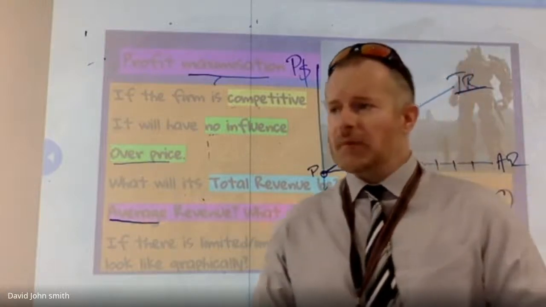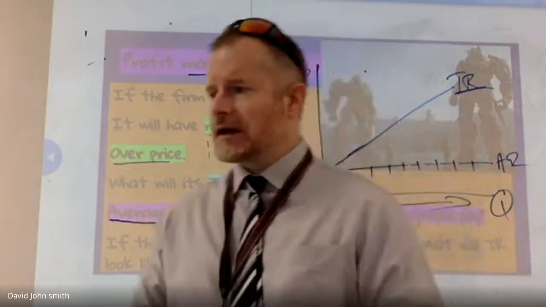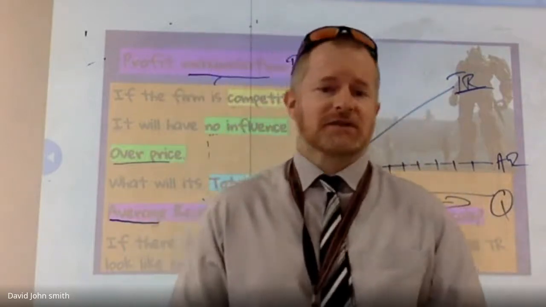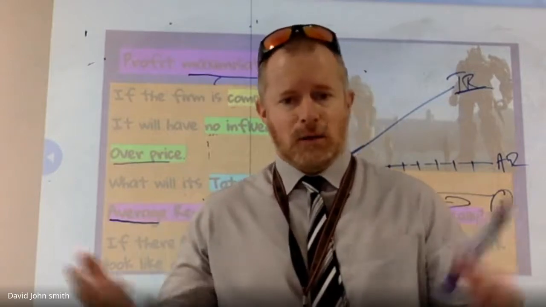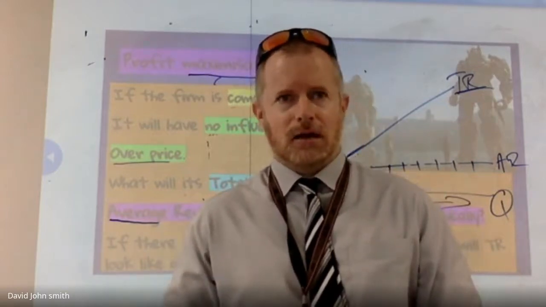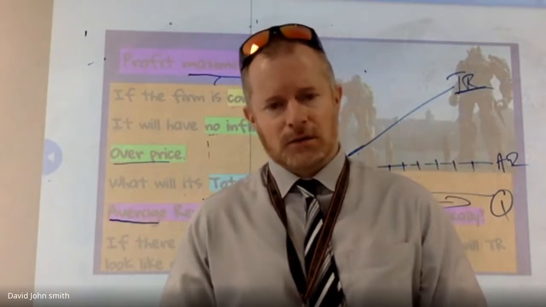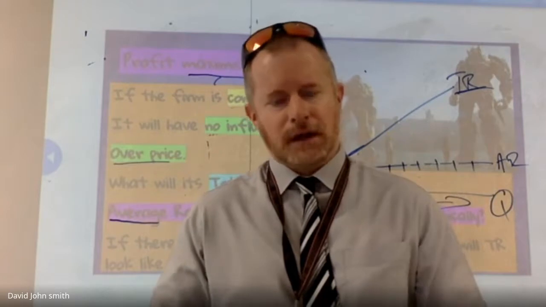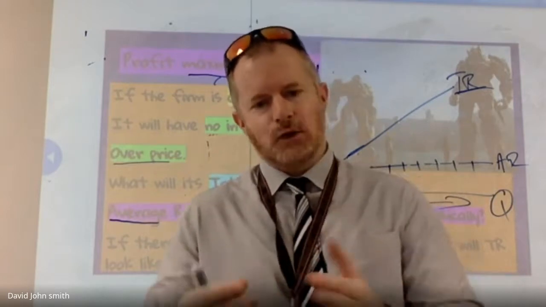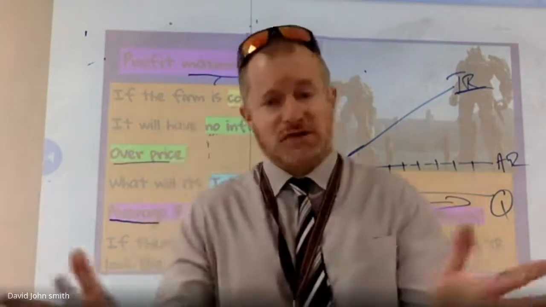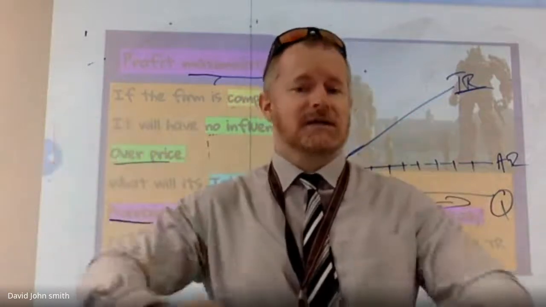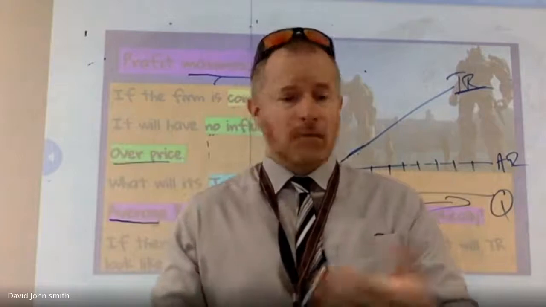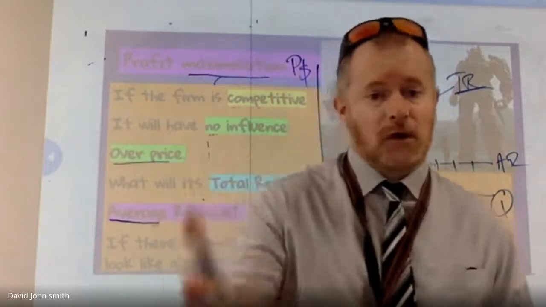It used to be when I did this in class, I got them to write out how much profit they would like to make from a business. And they would say, oh, I'd like to make $10. I'd say, well, why $10? Because that sounds like a good number. So it's the idea that you want to make the most you possibly can. The maximizing is about making the most profit you can. It might be that the most profit you can make is $10.